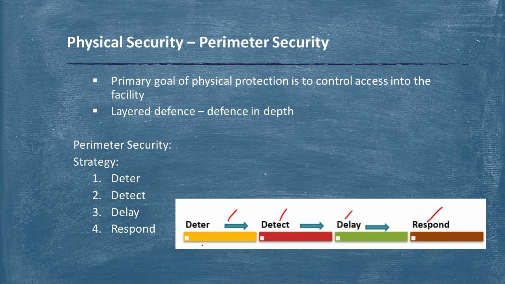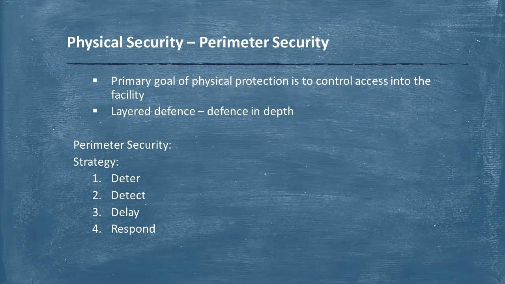Deter is to make an intruder go away, and then if he has come inside, then detect him, and then delay him from further progressing, further gaining ground, further entering, and then respond. This is the strategy for perimeter security.